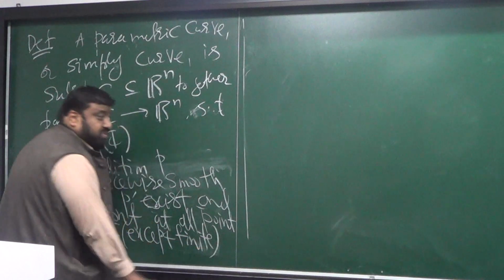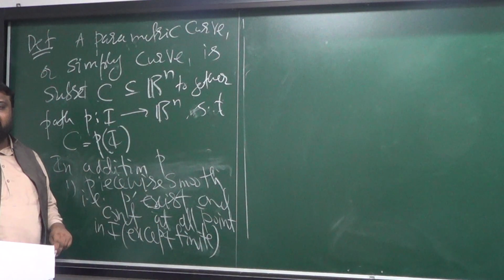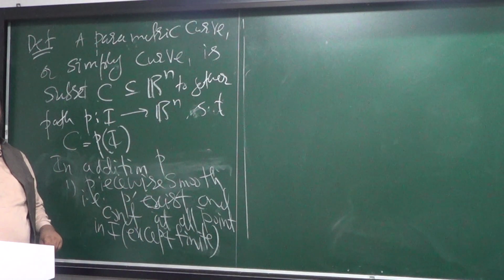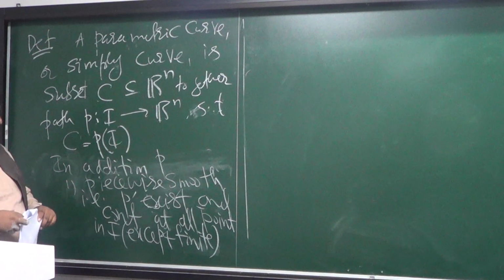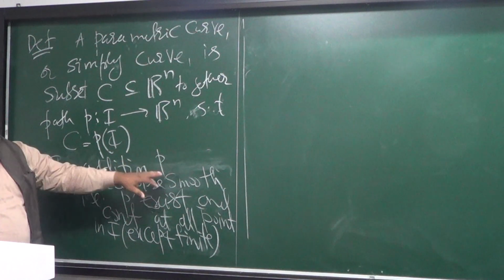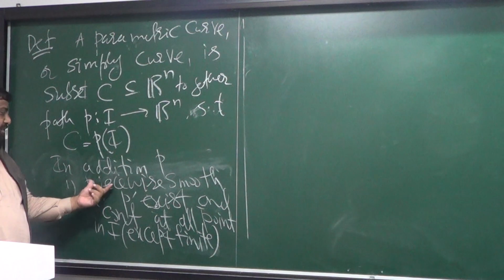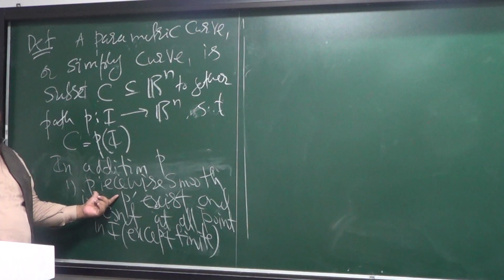There can be a finite number of points in the curve where the derivative or this condition fails, because that's why you are calling it piecewise.